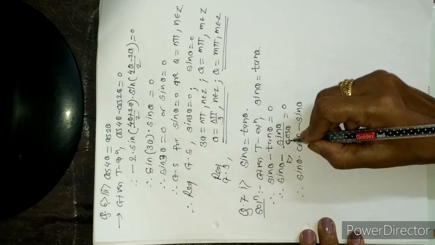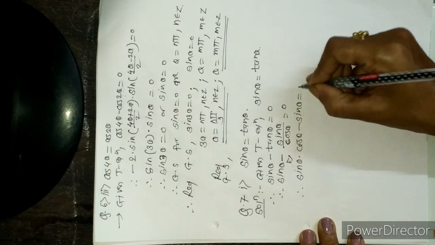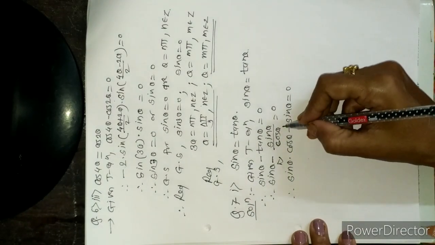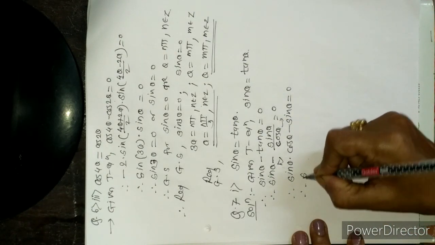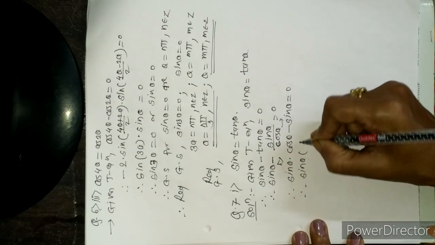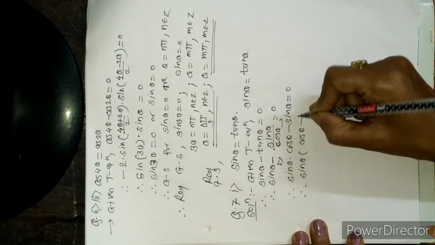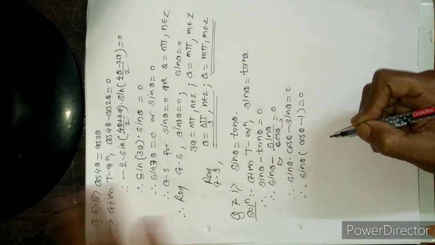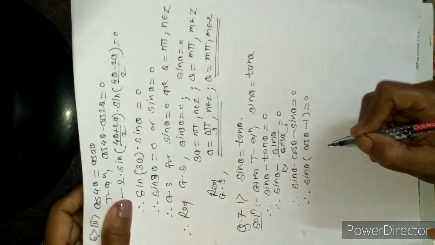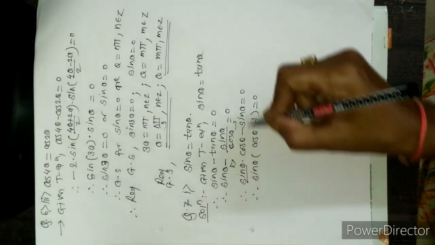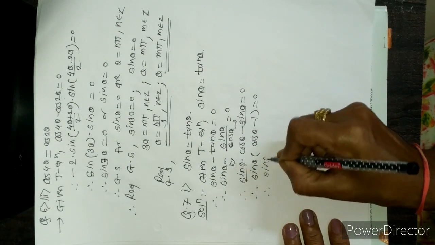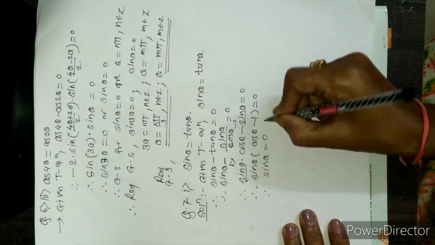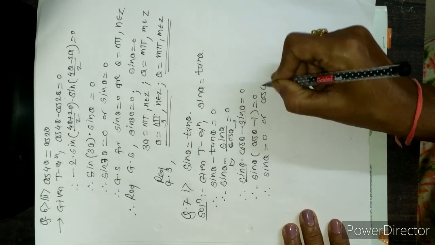The denominator is cos theta, which goes to the right side, and its value becomes 0 into cos theta. From these, sin theta is common. Inside the bracket, we get cos theta minus 1 equal to 0. Now what does this imply? We get either sin theta equal to 0 or cos theta minus 1 equal to 0.